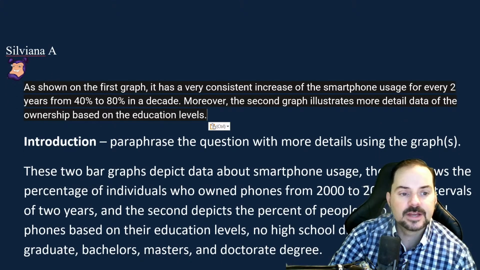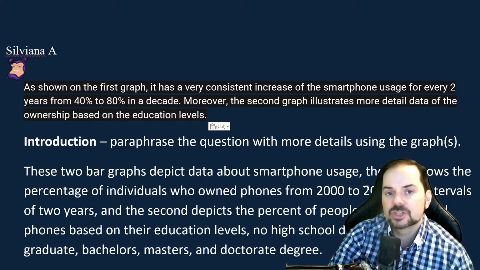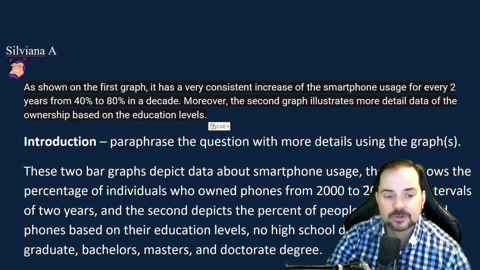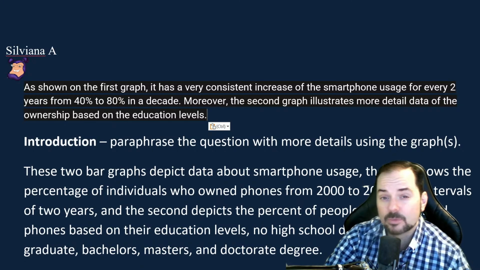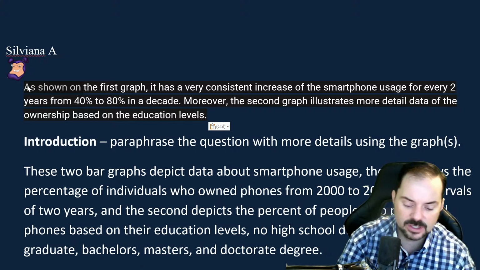So Silviana writes, as shown on the first graph. Yeah, okay, Silviana, I mean, with the introduction, we already used the word depicted or shown, so you don't need to continue with that in the overview. You can just say in the first graph. Okay, so be concise.